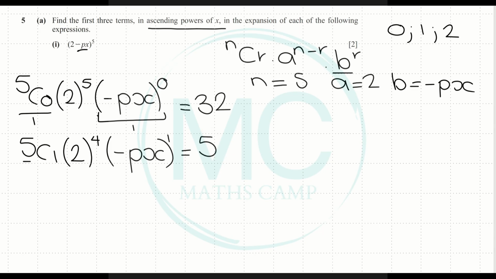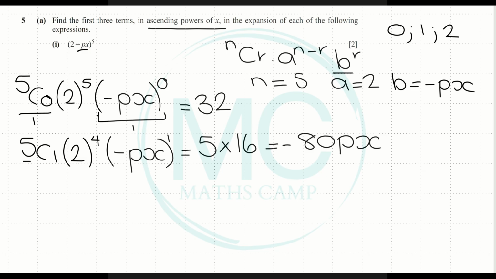You can say 5 multiplied by 2 with an exponent of 4, which is 16. 5 multiplied by 16 gives us 80. So we're going to get 80 multiplied by negative px, minus 80px. This is the second term.